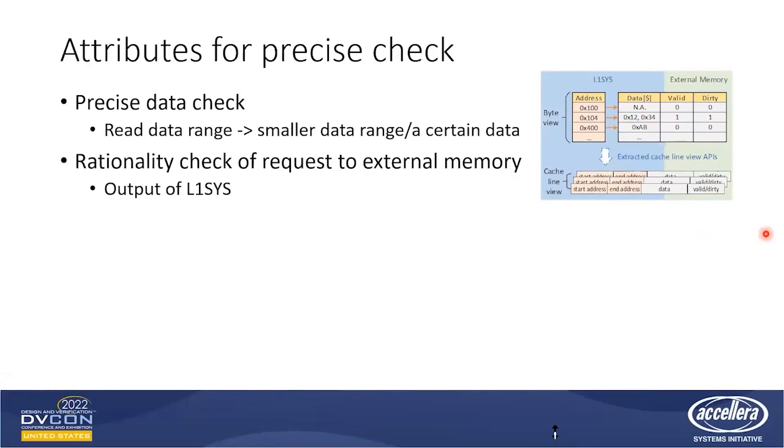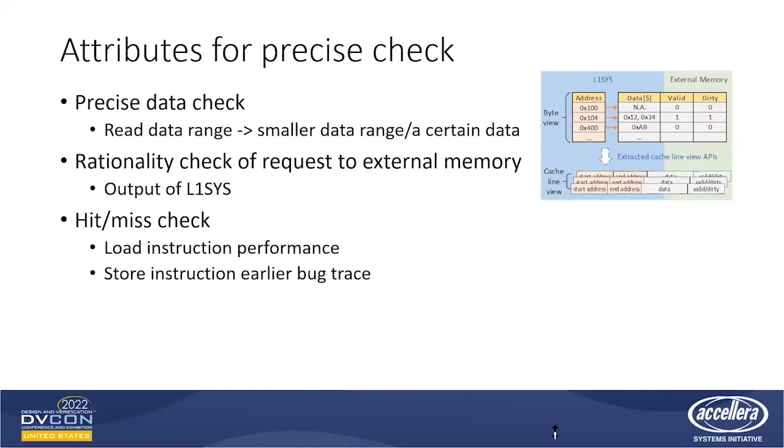The read requests L1 sent to external memory will influence the bandwidth of the whole core to the external memory. The bandwidth is important, so there can be useless read requests sent to the external memory, and this also needs to be checked. The third is the hit miss check.